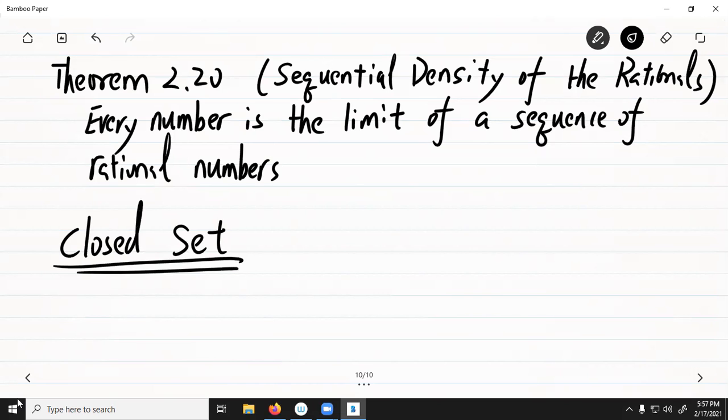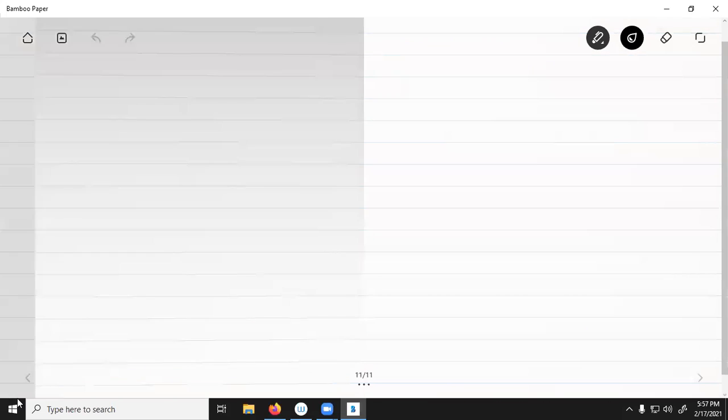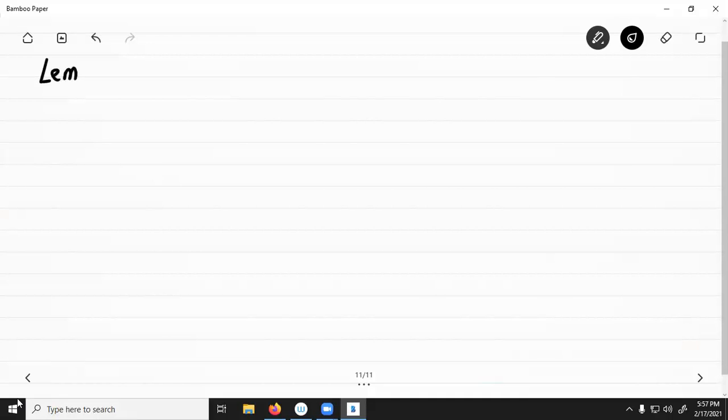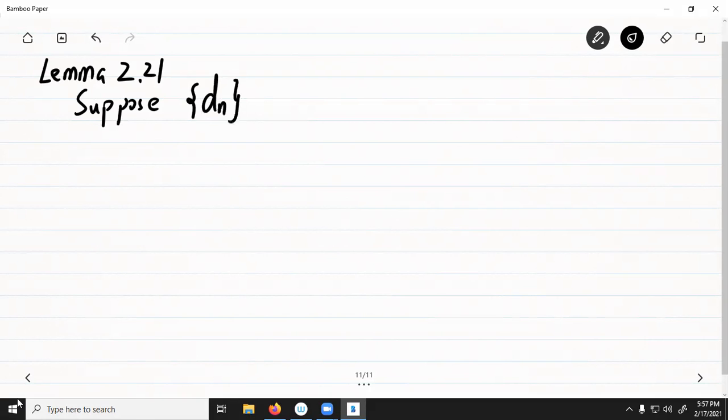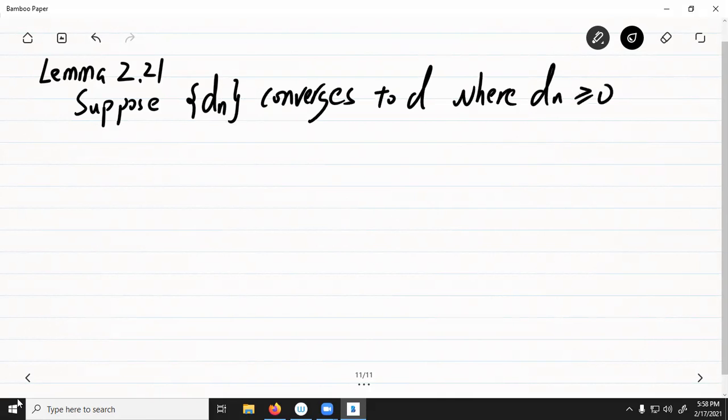Okay, before that, let's look at some results. Lemma 2.12. Suppose we have a sequence Dn, which converges to D, where Dn is greater than or equal to 0 for all n.